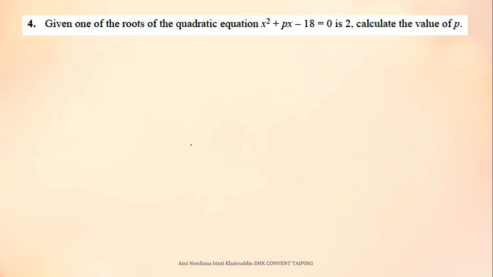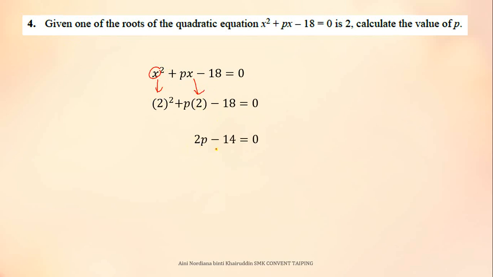So number 4, given one of the roots of the quadratic equation is 2, calculate the value of p. So this is the quadratic equation. Then you substitute the value of x here with 2. So then you will get the value of p.